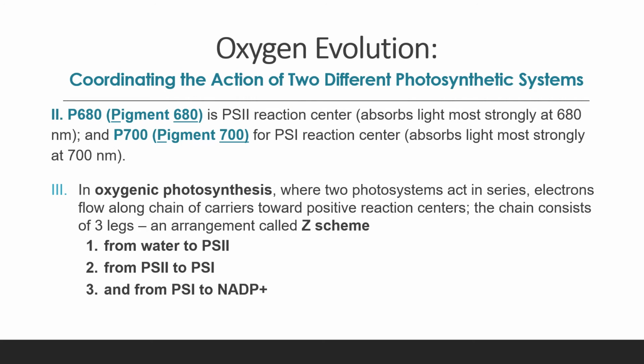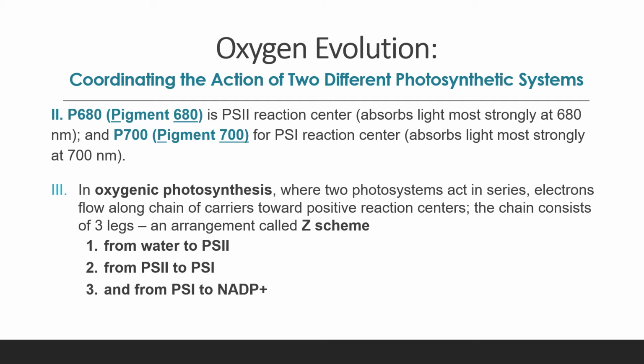So in here, P680 or pigment 680 is the PS2 reaction center. Okay? So again, it's very important for you to remember that P680 is the reaction center for the PS2 photosystem.